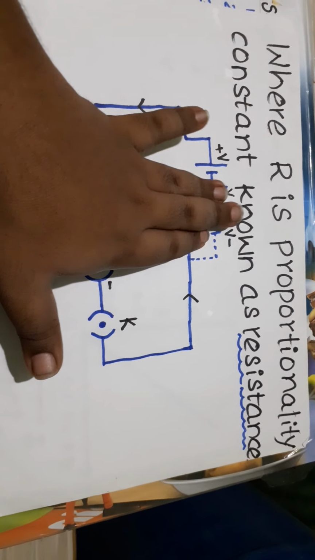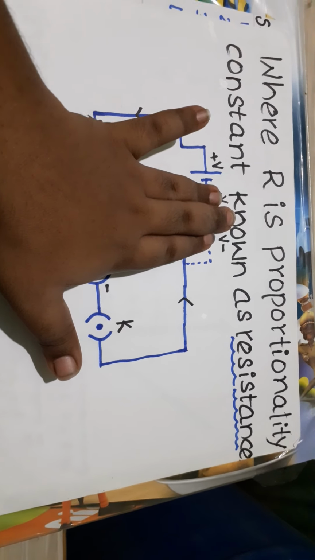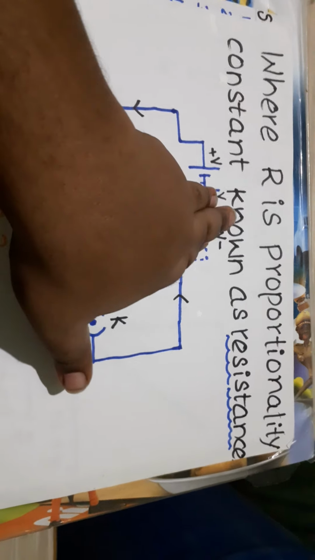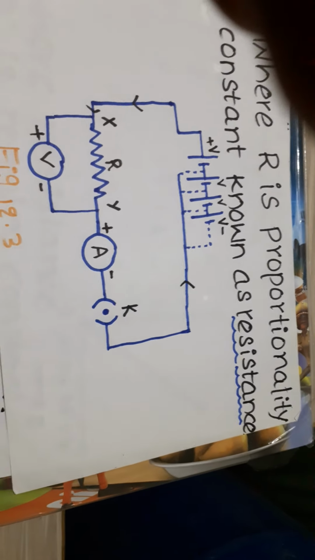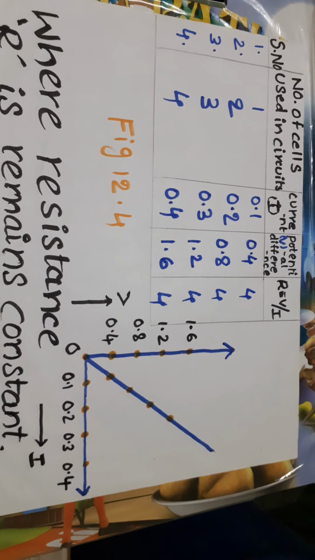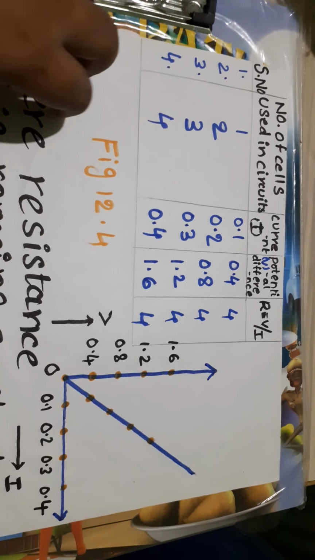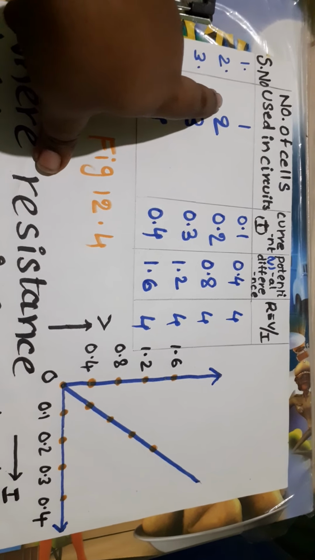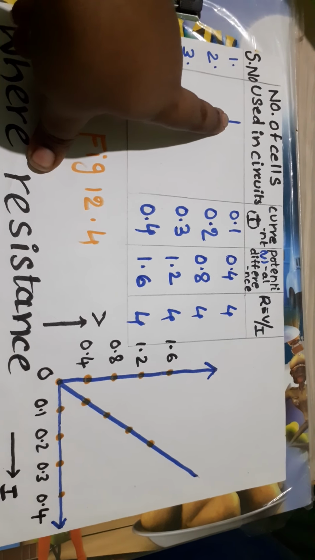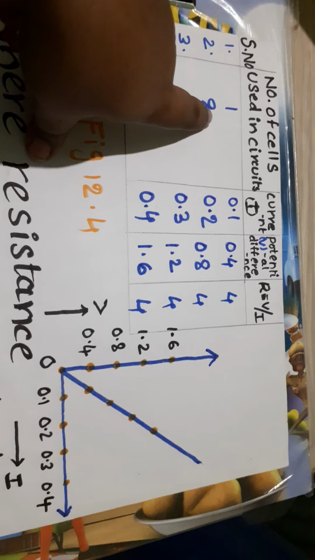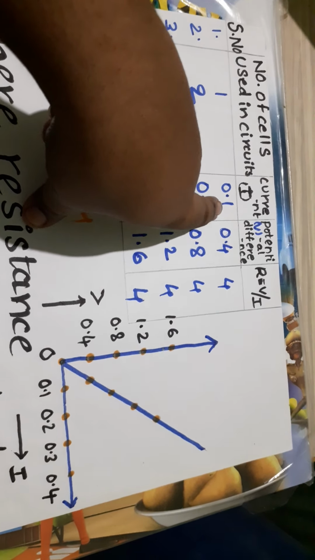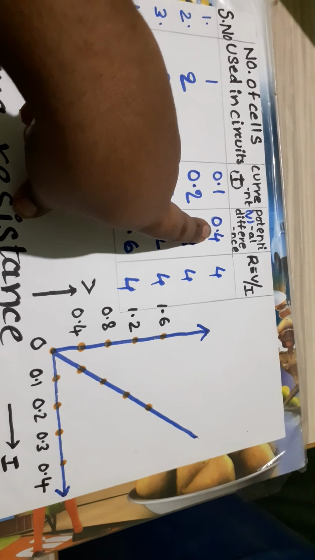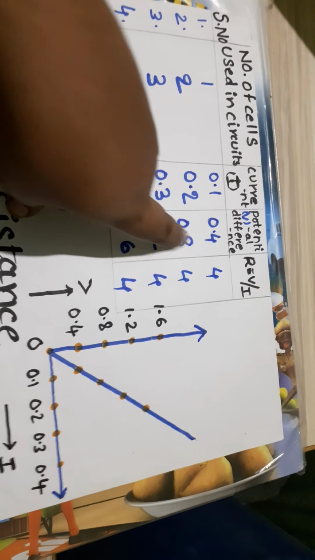First of all, I am taking only one cell of the battery, connecting the conductor to only one cell. In that situation, I noted some observations. With one cell in the circuit, the current is 0.1 ampere and the potential difference is 0.4 volts.